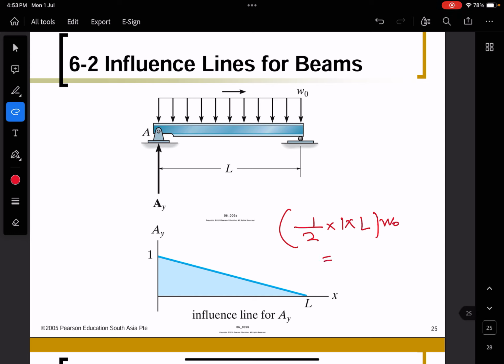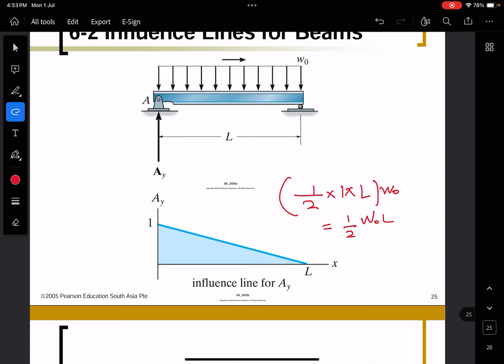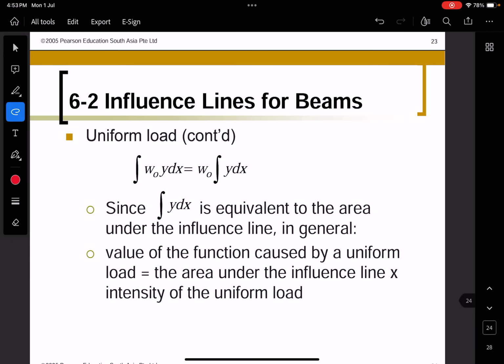So you end up with the influence line being half WOL. Okay. So this is what they mention here.